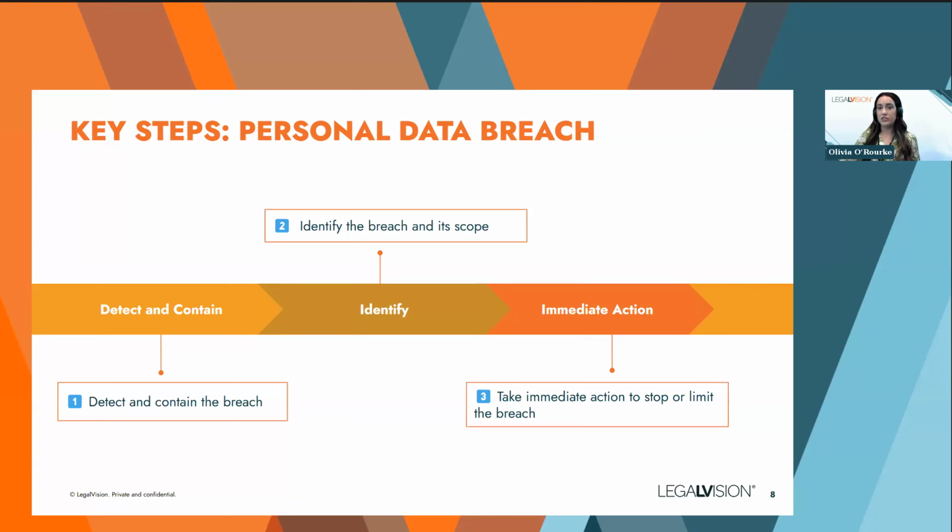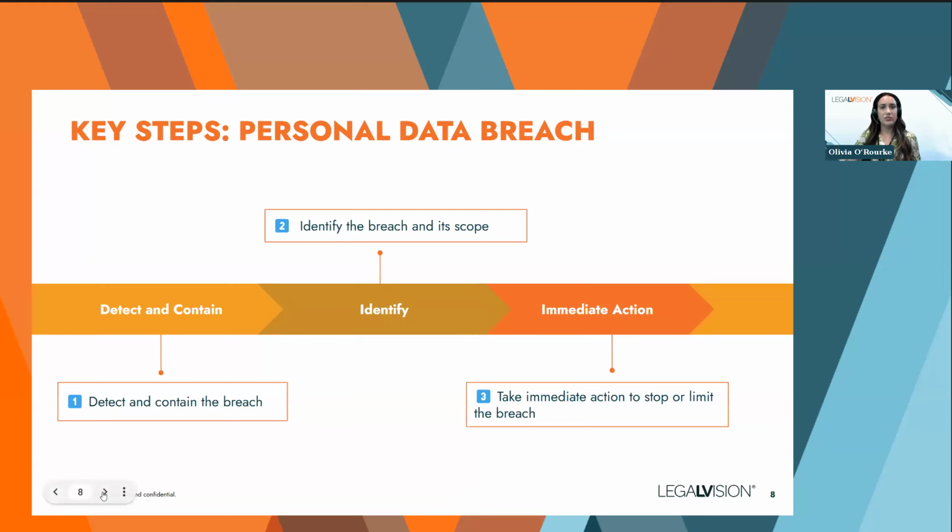Identify the breach and its scope: how many people have been affected, what has been accessed. Take immediate action to stop or limit the breach. If it's the result of unauthorized access by, for example, a hacker into security systems, look to shut that down and get advice from third parties, including IT experts, on how to deal with that.